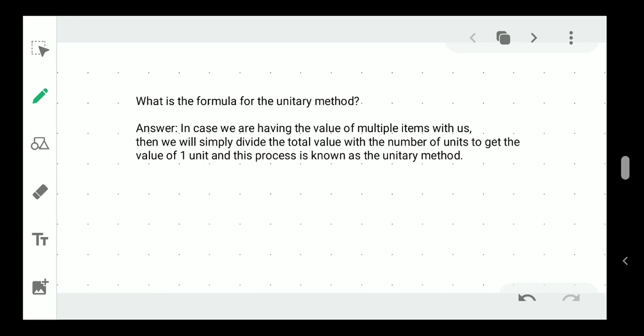If you know that the price of 20 copies is 40 rupees, how to find the price of one copy?